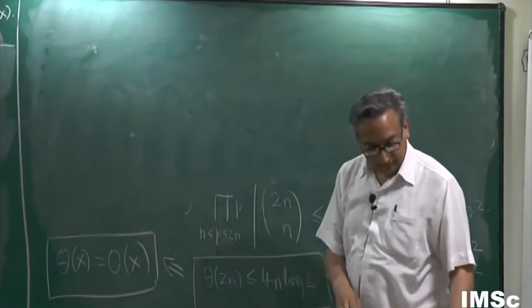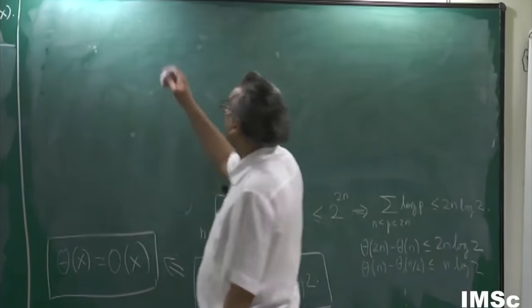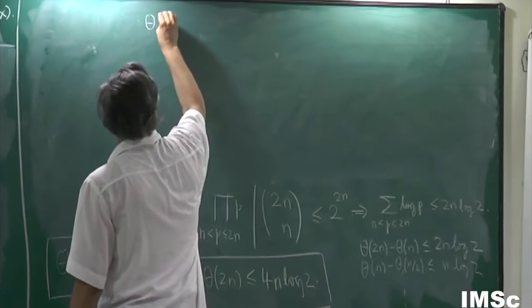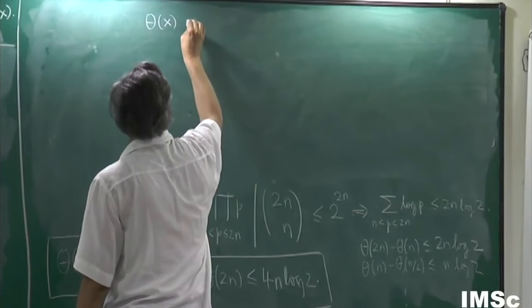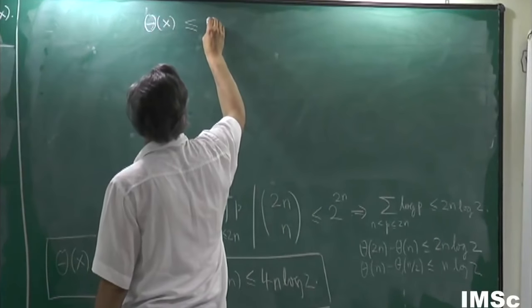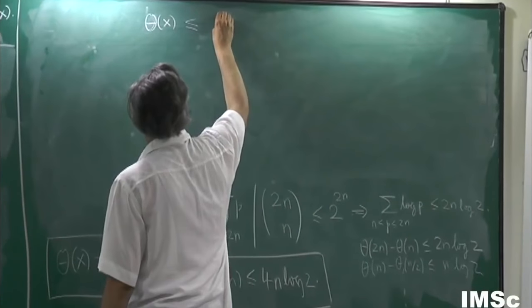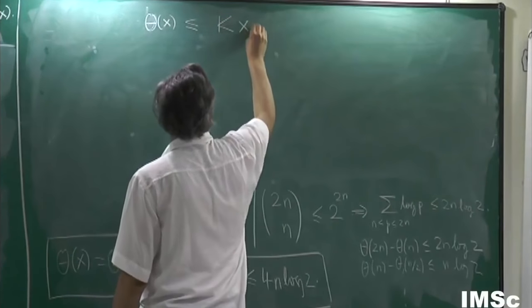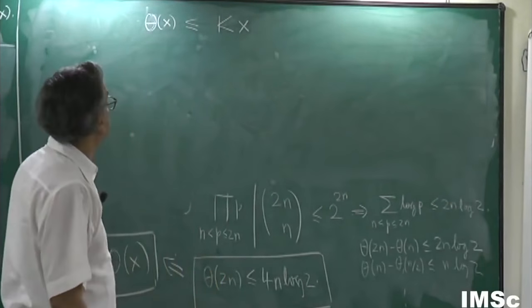So, having theta of x is O of x means this, right? For some, it's that.